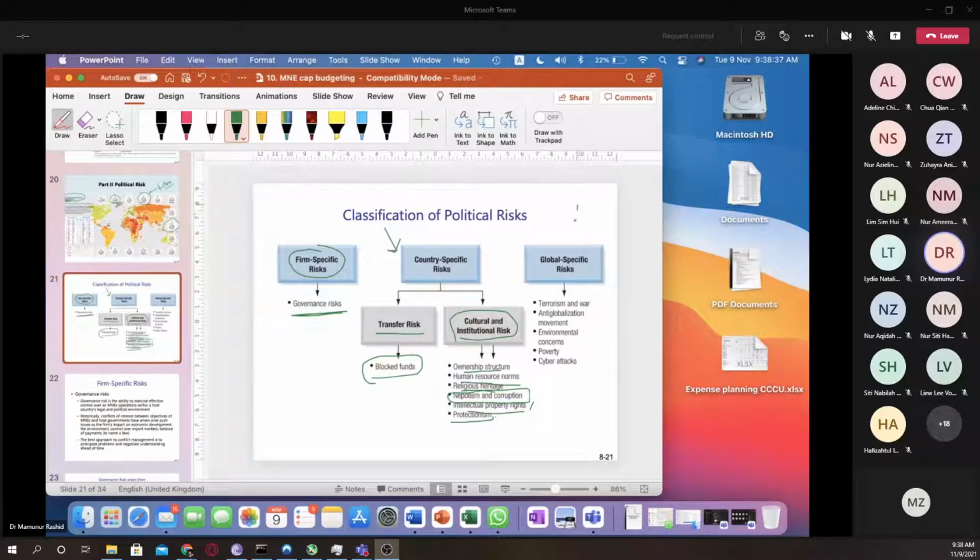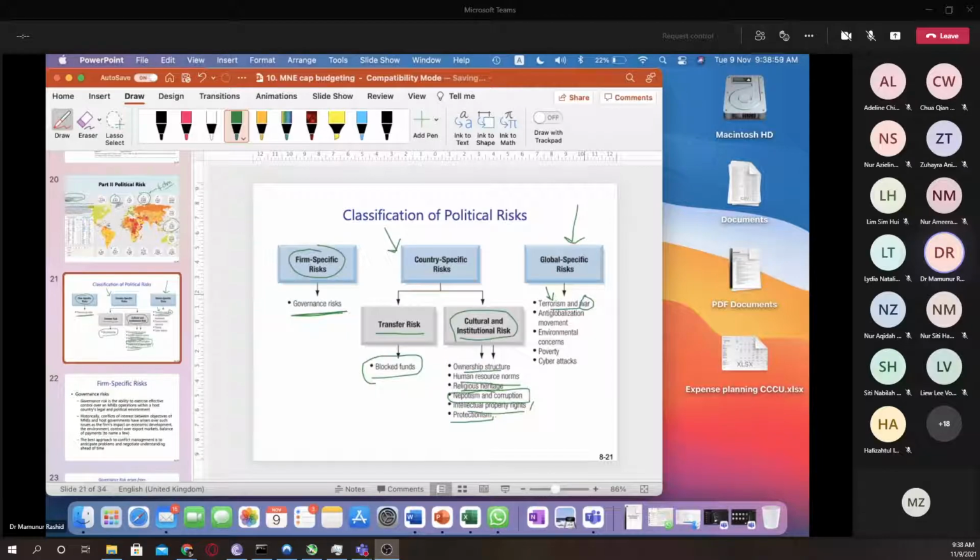The last one is global specific risks. Some political risks are global specific. For example, terrorism and war. Even though we need to define properly what terrorism is, you cannot just say that this is terrorism and we are avoiding it. So terrorism is still a global threat and it's affecting us every day. War is happening everywhere because we want to sell our weapons.